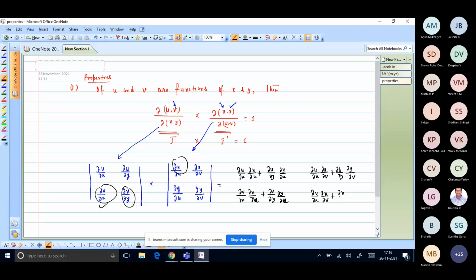So we have this determinant in hand. Looking at it, the first entry, del u upon del x into del x upon del u plus del u upon del y into del y upon del u, is nothing but del u upon del u.